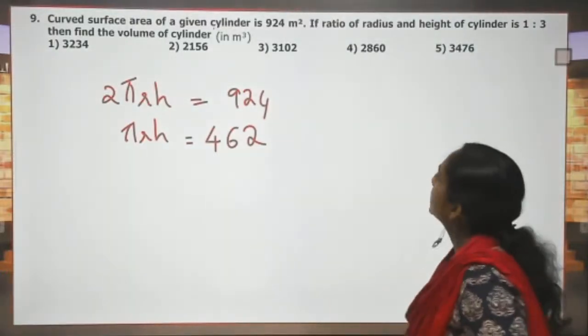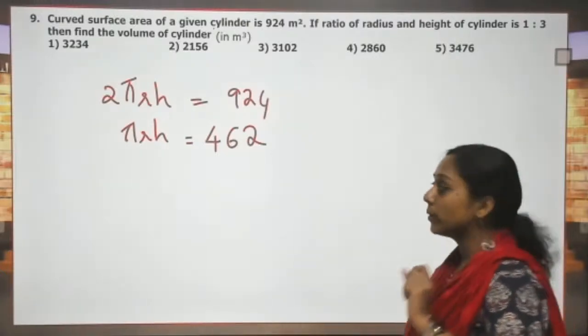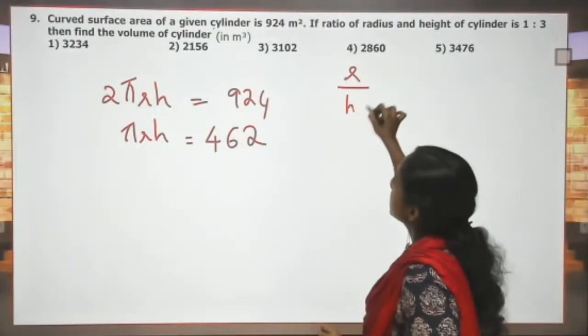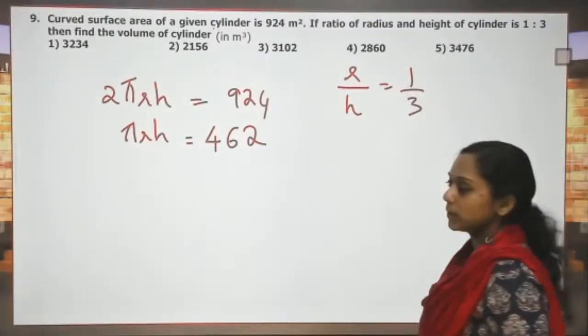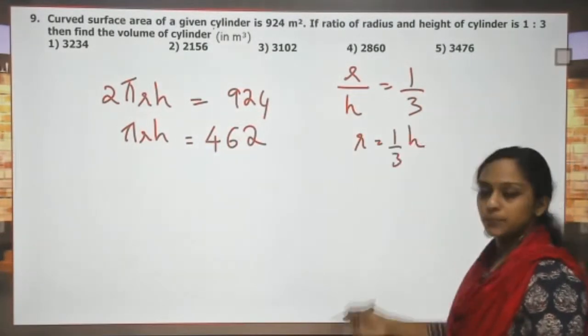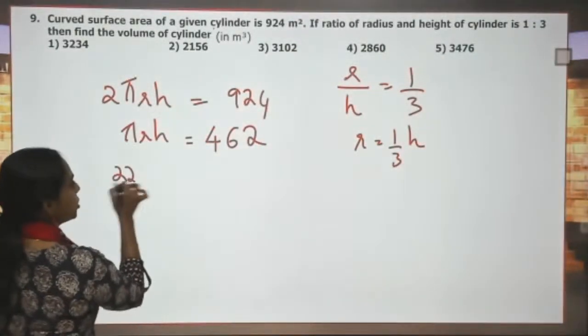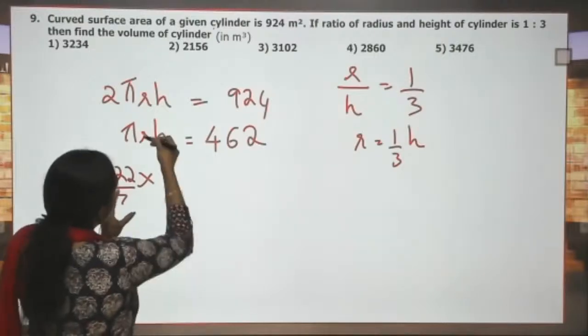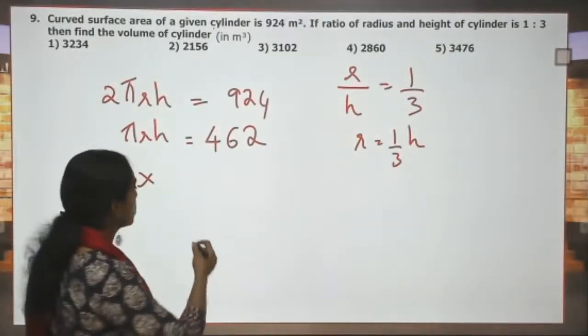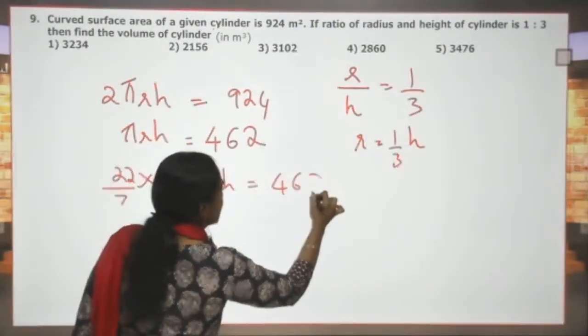Next, what is given? The ratio of radius and height of the cylinder is 1:3, so I am going to substitute radius is equal to 1/3 height. So, pi is actually 22/7 into radius is 1/3 h, so that is 1/3 h into h is equal to 462.